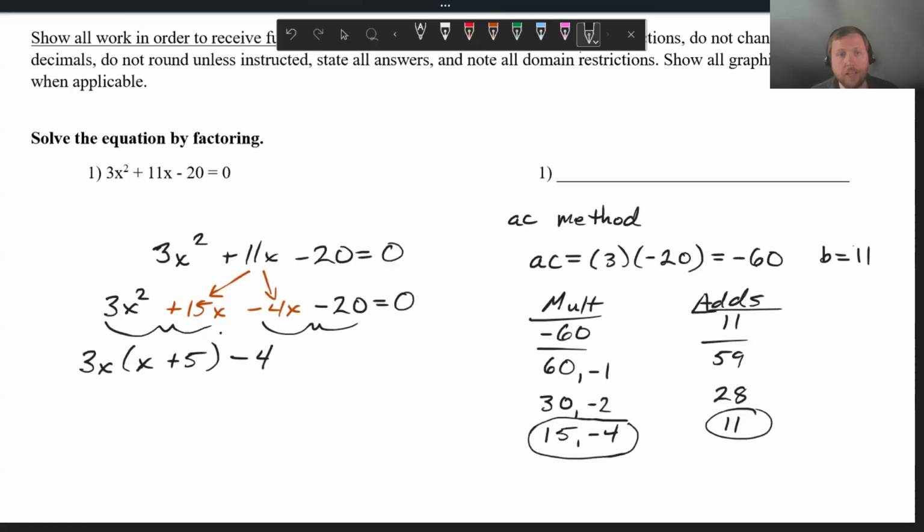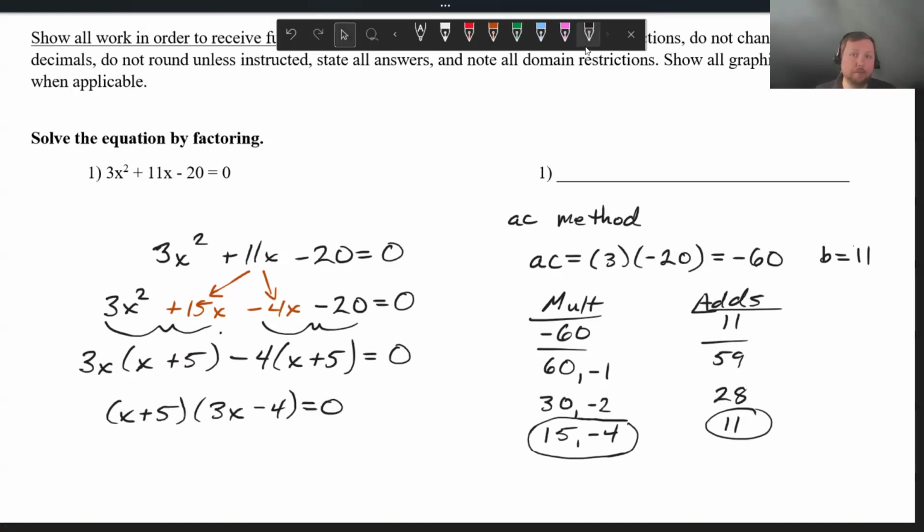So I'm going to factor out a negative 4, which leaves me with an x plus 5. Okay, now I have a common factor of x plus 5. So I'm going to factor that out next. Okay, so now I've factored it.